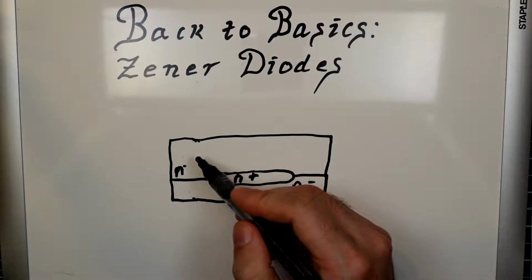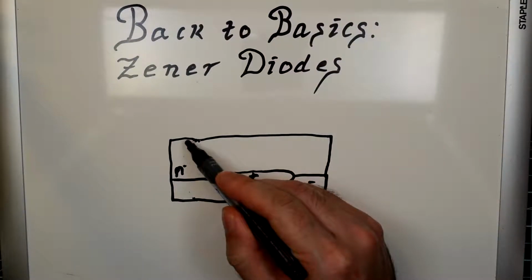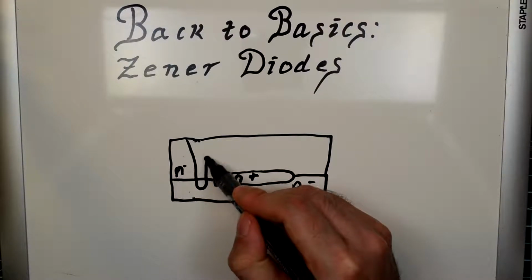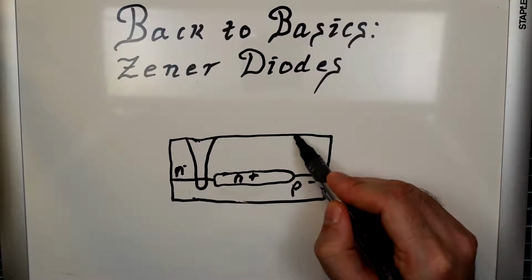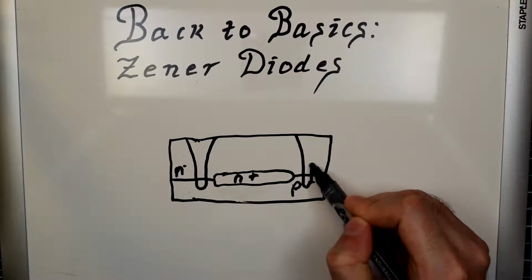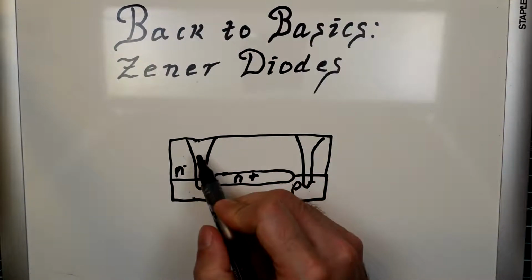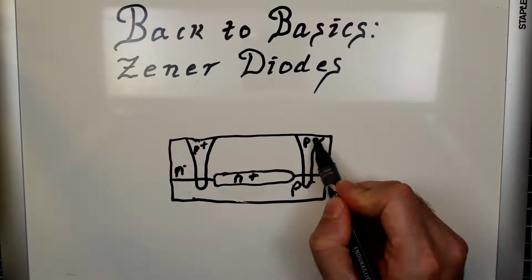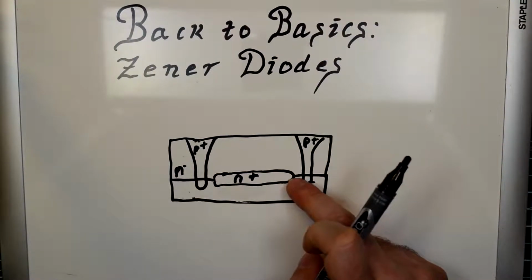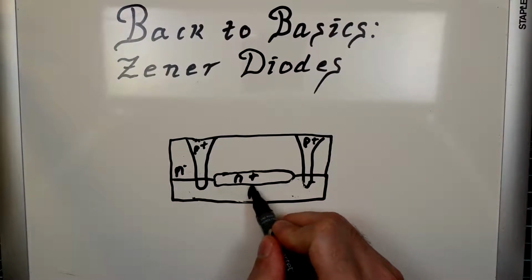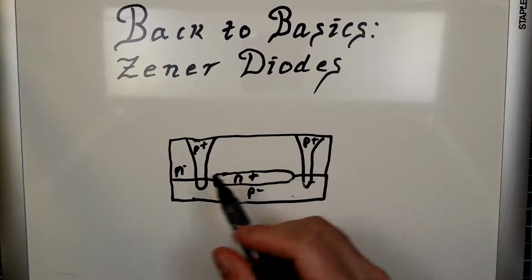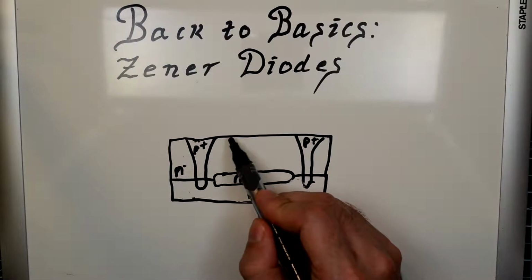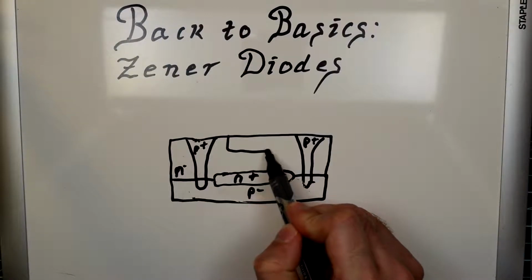And then we're going to have some kind of weird sections here, like this, and the same thing on this side, of P plus material, so heavily doped P material. P minus. That's N minus. And then there's going to be a section like this.